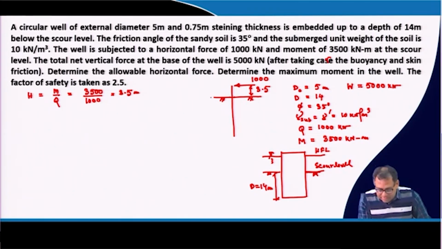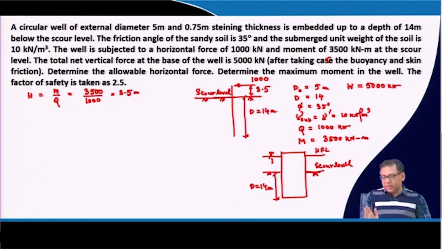H is 3.5 meter, acting at a height H above the scour level, and this is the grip length D, equal to 14 meter. So, now this is the problem.